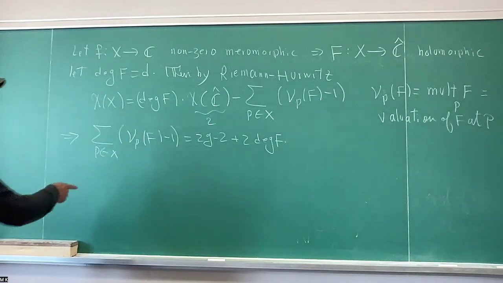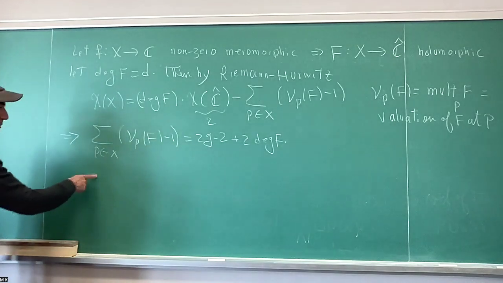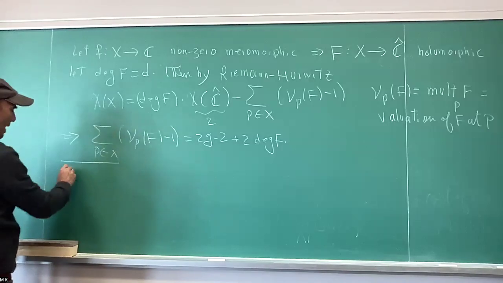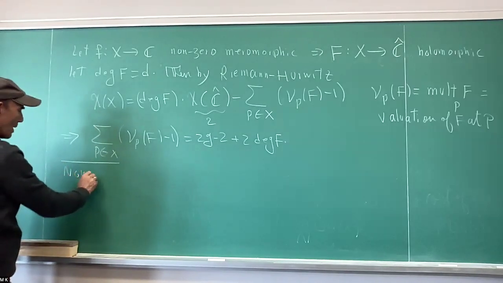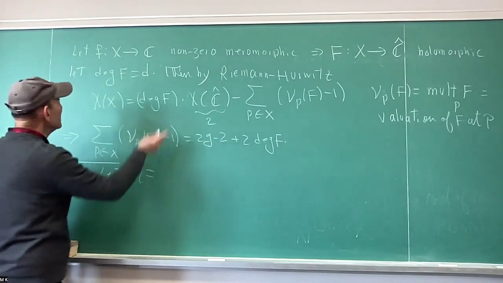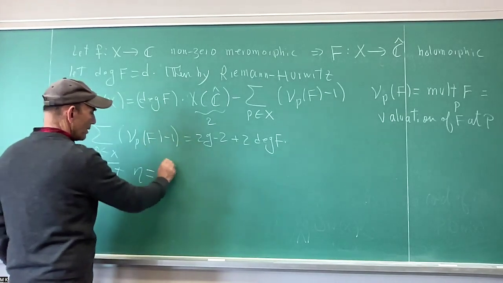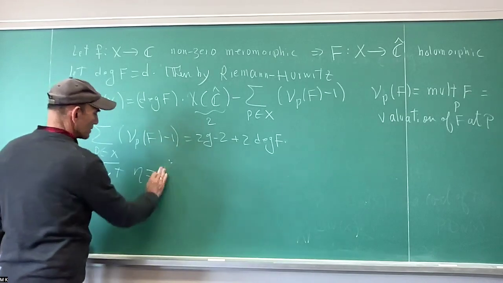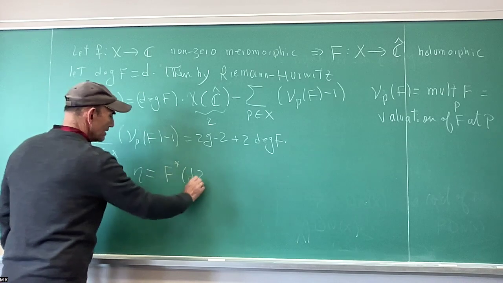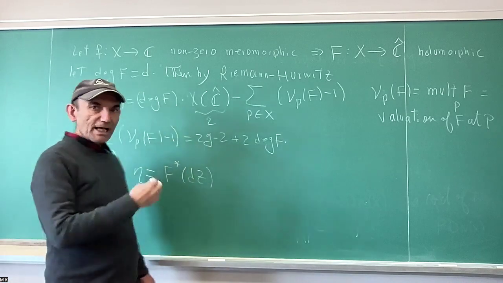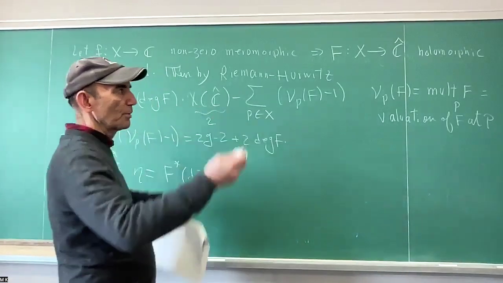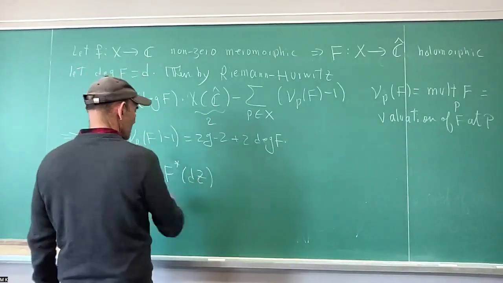But what is coming next is absolutely fundamental. So we are in the same setup now. Let eta be equal to F star of dz, where dz is the canonical meromorphic one-form on the sphere.